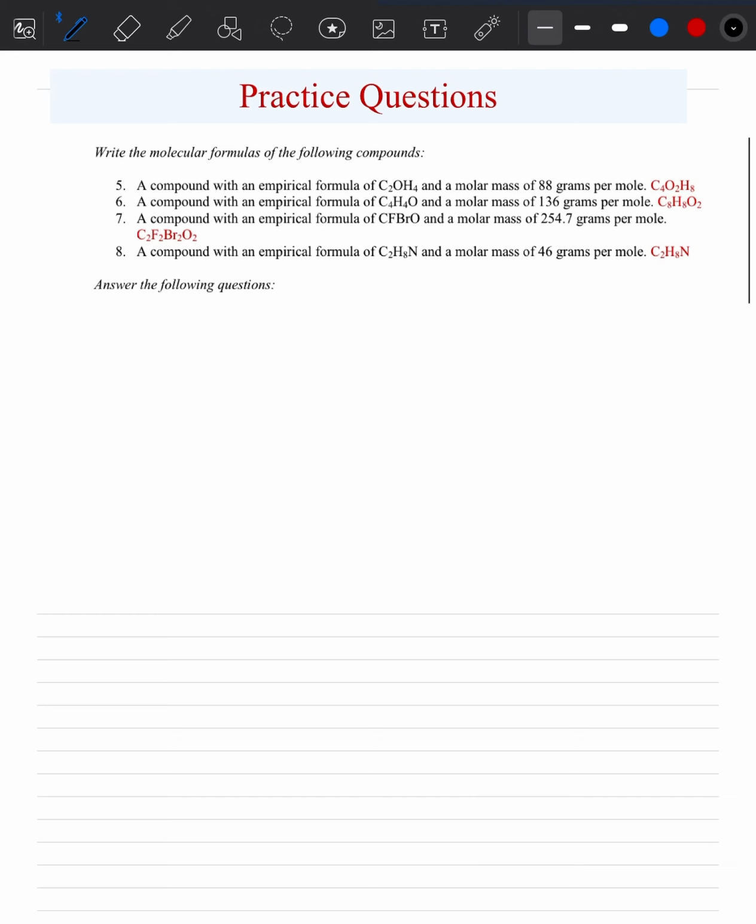So first of all, we need to find out the empirical formula mass. Empirical formula mass can be found by taking C2OH4 and adding the mass of all the atoms present in this formula.